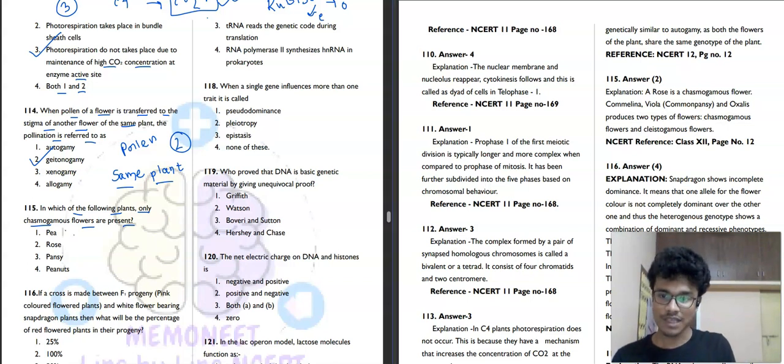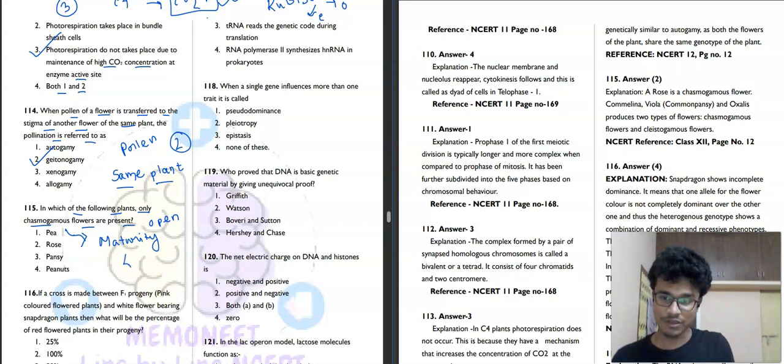Chasmogamous flowers are flowers that open at maturity to facilitate the exposure of pollen and stigma for cross-pollination.